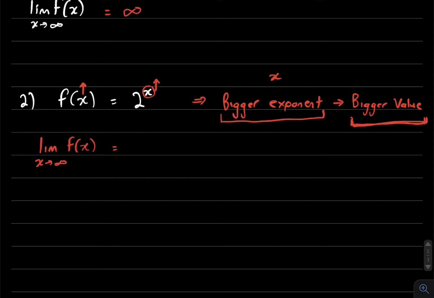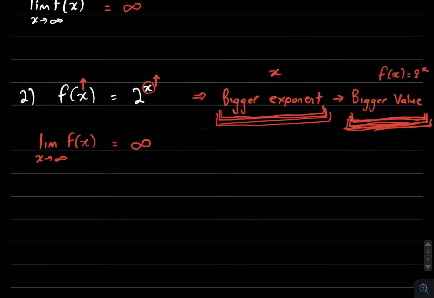Remember that our exponent here is basically x, and our value here is f of x, 2 to the power x. So as our exponent x gets bigger and bigger, our function value, our f of x, will become quite enormous. So we can see that f of x must be approaching infinity as x is approaching infinity. So without having to actually draw out the graph, we can see that this limit is equal to infinity.